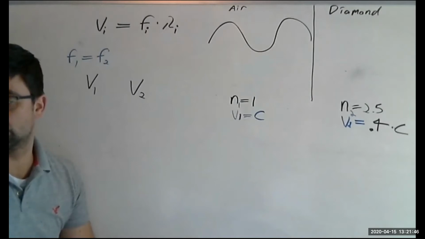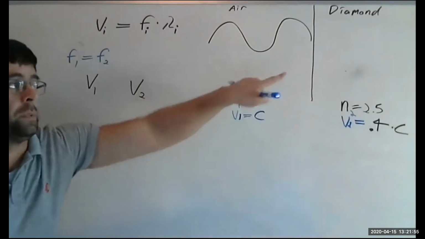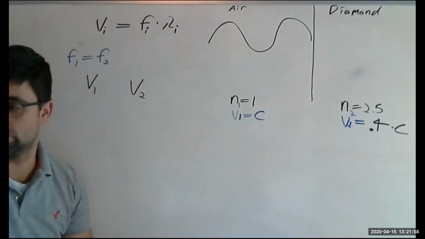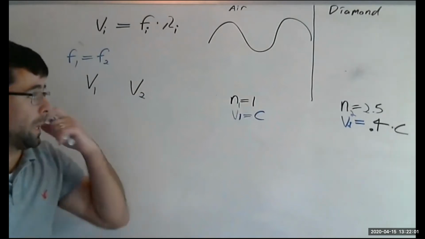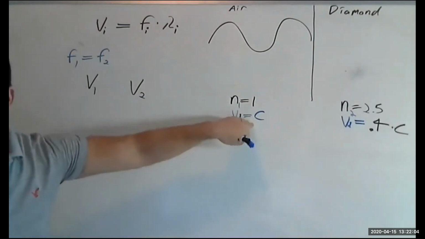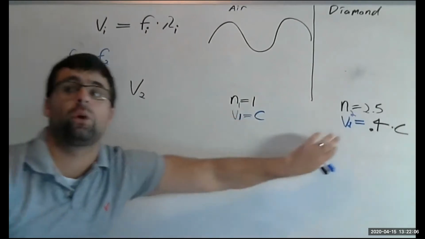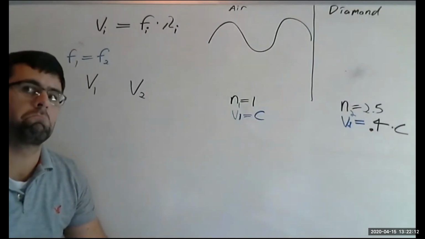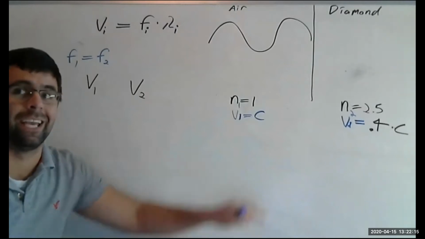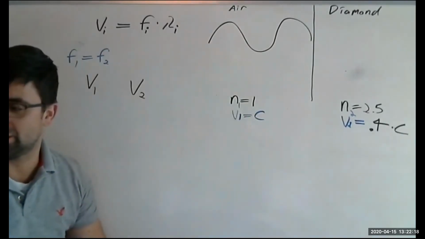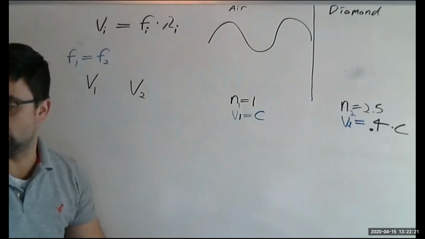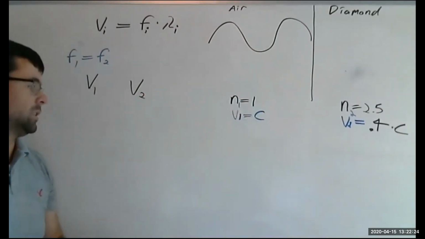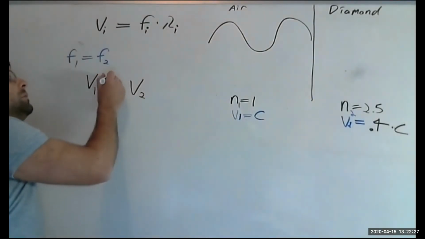Which one is bigger, c or 40% of c? c. Anything is bigger than 40% of itself. So the velocity is higher over here.